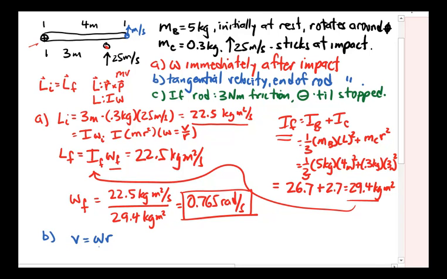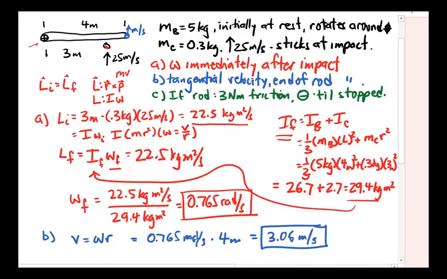If we just take the angular value times the radius, that will give our linear value. So what's that going to be? You're going to have 0.765 radians per second times our radius, 4 meters. We're looking at the outside edge. Put that in the calculator, and that works out to about 3.06 meters per second. Pretty straightforward there.